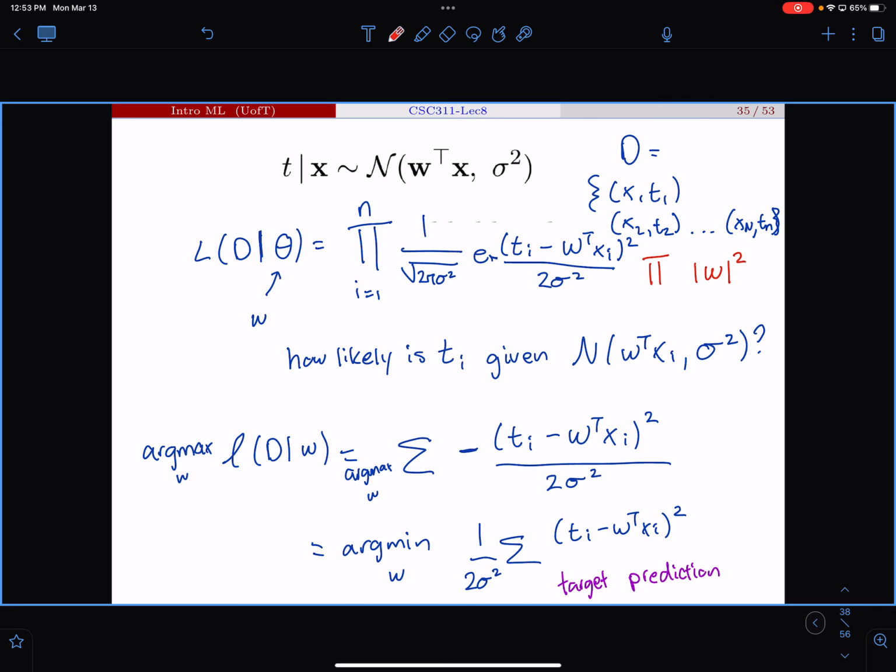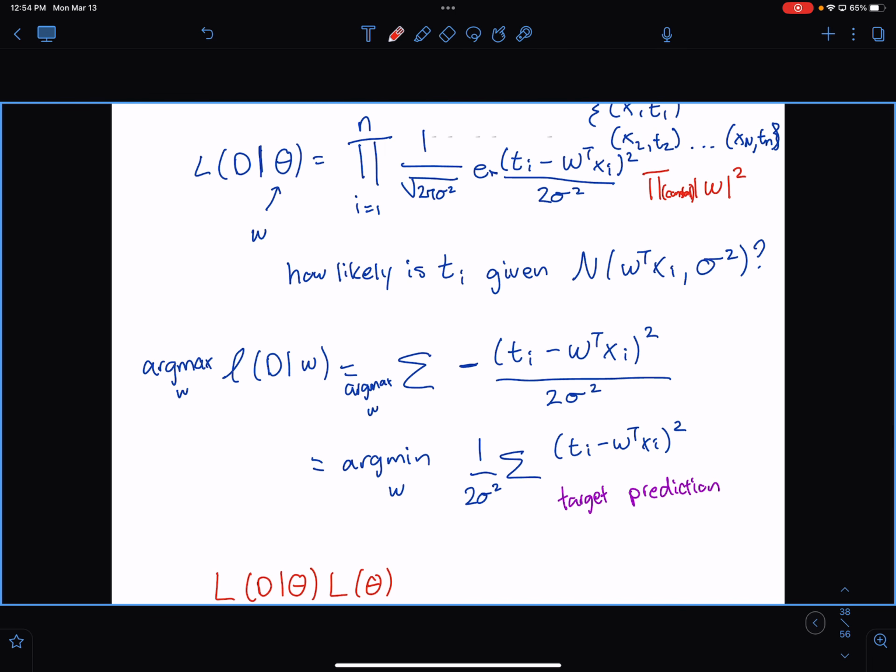So if we added a term corresponding to W squared times some constant, which is like our prior on what W behaves like, if you carry this term through the optimization process, you'll end up getting a plus W squared term here.